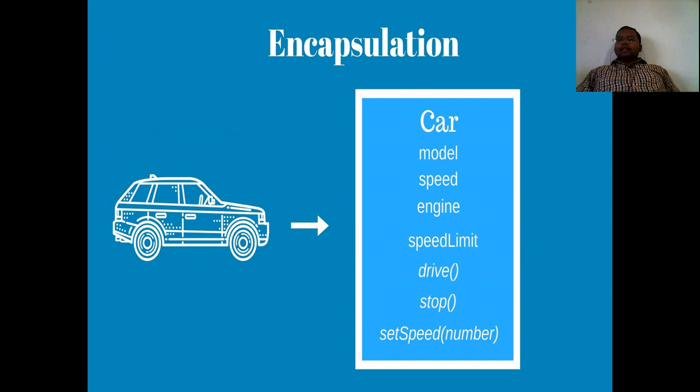The second example is a car. Car is considered to be a class. What are the data members? Model, speed, engine, speed limit. These are the data members of the class car, and drive, stop, set speed are the functions, the methods.